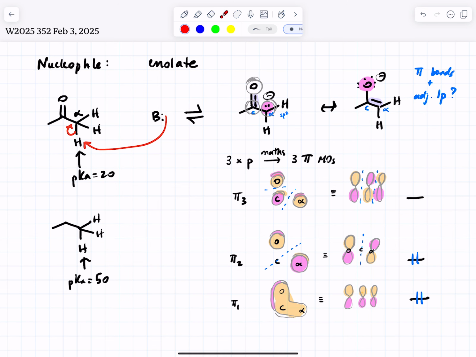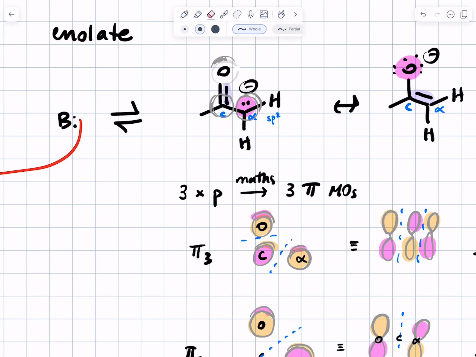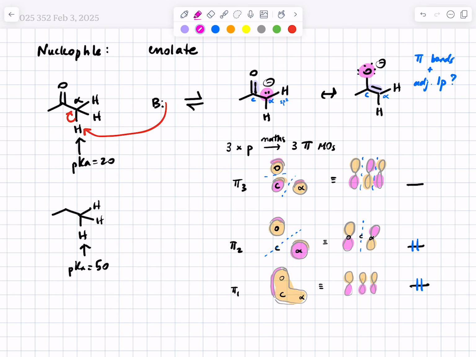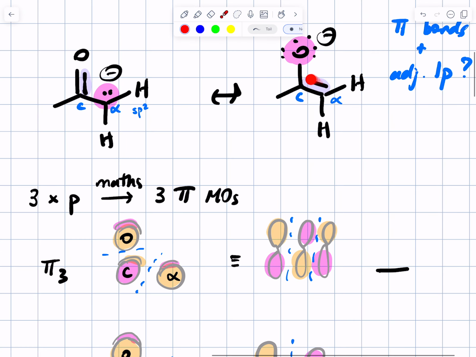The lone pair is only ever on the carbonyl oxygen and on the alpha carbon, never on the carbonyl carbon. And notice that the lowest energy electrons involved in resonance are the ones that are delocalized across alpha, carbonyl carbon, and oxygen. And notice that the electrons in this pi bond between carbon and alpha carbon are also in the pi bond between carbon and oxygen.